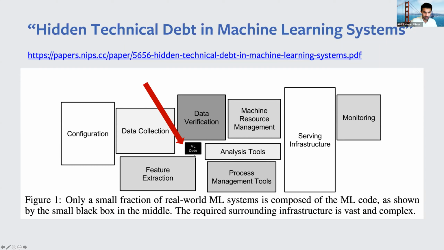We could see this ML code box is relatively small in size compared to the surrounding components. Like data verification or collection. Collection is a big step that requires a lot of infrastructure and a lot of effort. Analysis is a big one. Monitoring is also a big step.